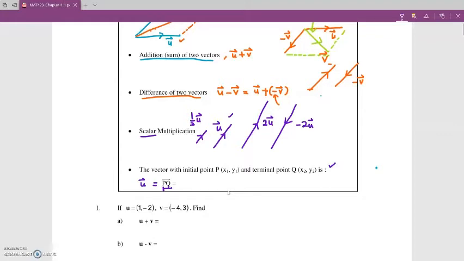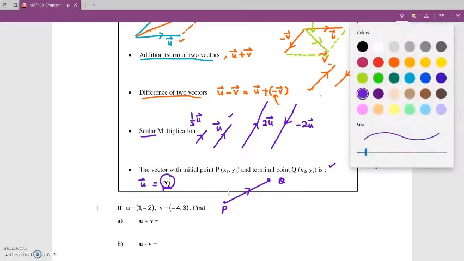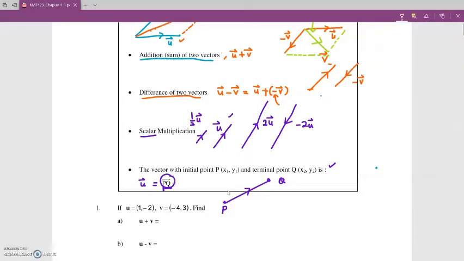If we have two points, P to Q, PQ means the vector whose initial point is P and terminal point is Q. If you have another vector, named vector QP, it means the initial point is Q and the terminal point is point P.